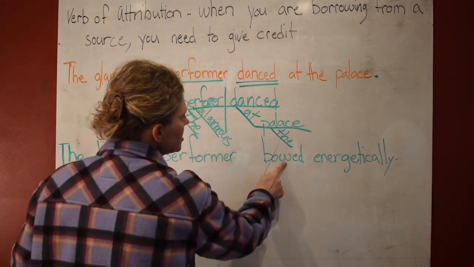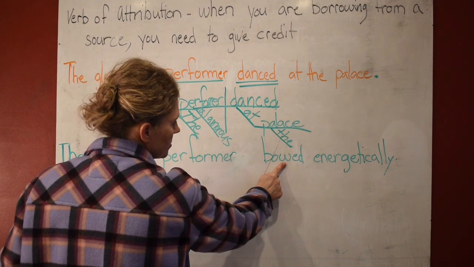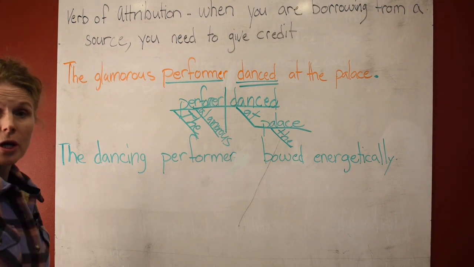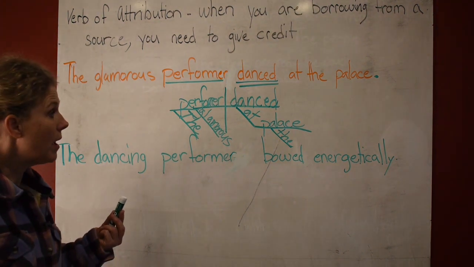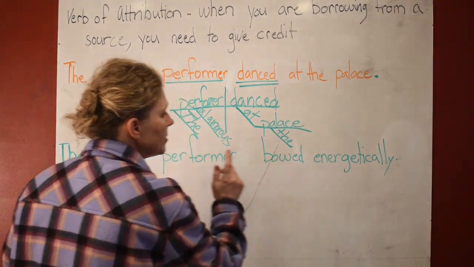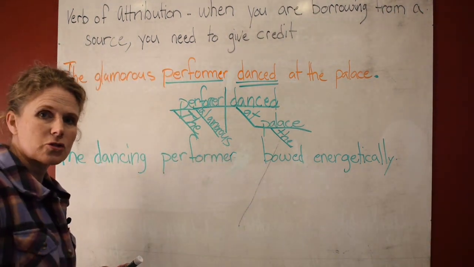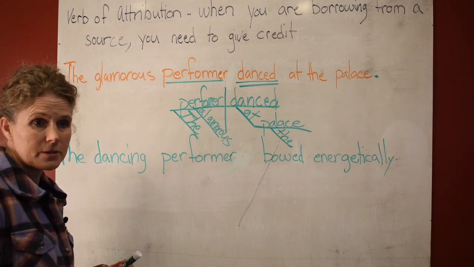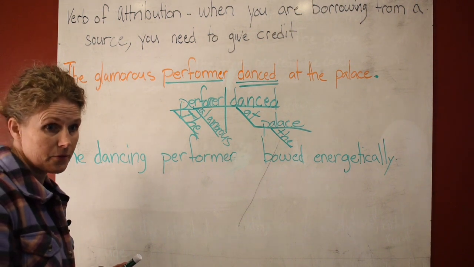Energetically. This is describing bowed. So if you have an ly at the end of your words, it is almost always an adverb. Not always, but it is almost always describing how. It can describe adjectives, adverbs, and obviously your verbs, right?